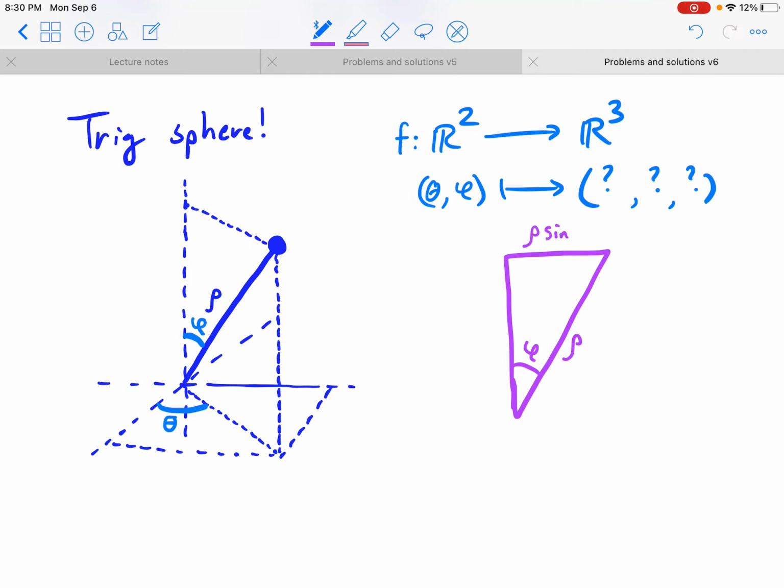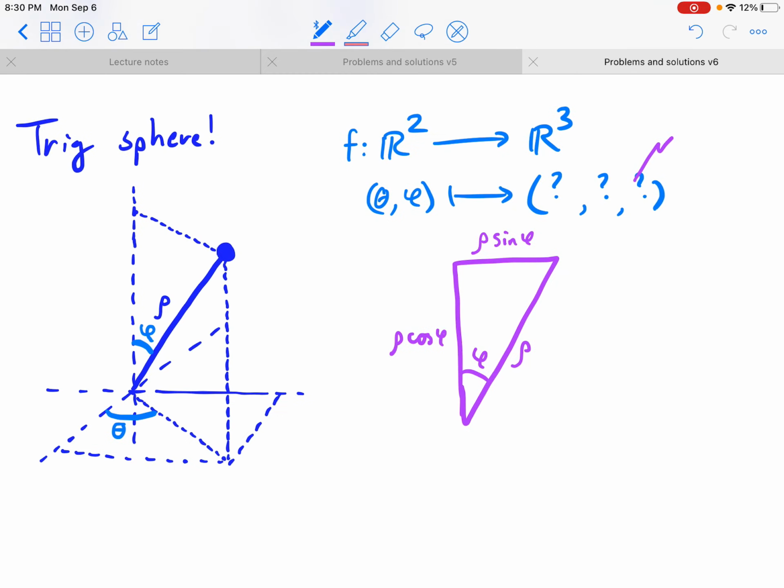The opposite of this angle is rho sine psi. I want to say phi. There's phi and there's psi, and I can never seem to tell the difference. And then this one is adjacent to this angle. This leg has length rho cos phi. And so that means we immediately know the z-coordinate.